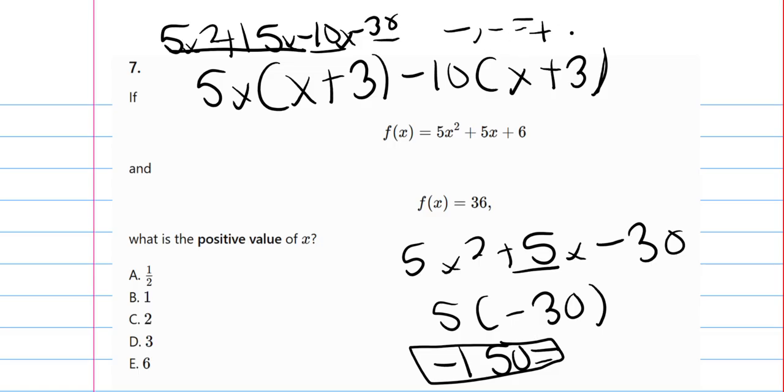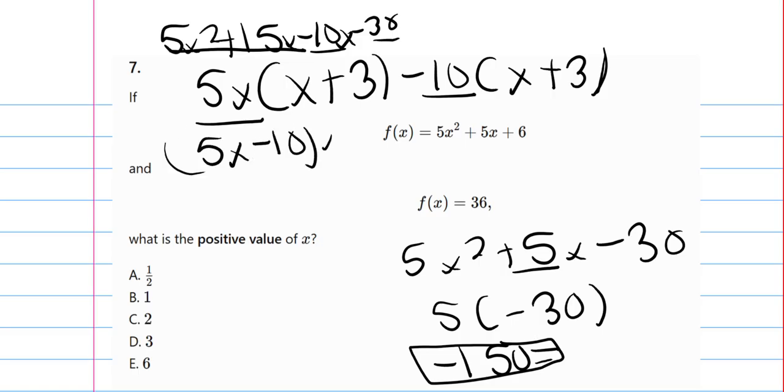If you multiply a negative and a negative, that would be positive. But if you multiply a positive and a negative, that would be negative. So yeah, we just need to put this term and this term here, 5x minus 10 and x plus 3.